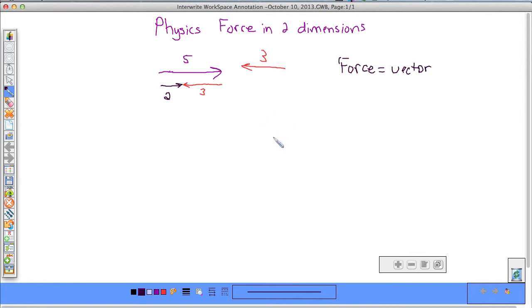Every time you kick a ball, right? So here's a ball, maybe you kick it. You kick the ball maybe at an angle like this, right? And so when we look at that angle, you have 2 force vectors here, okay? You have a force vector that's going in the horizontal direction, and you have a force vector that's going in the vertical direction.